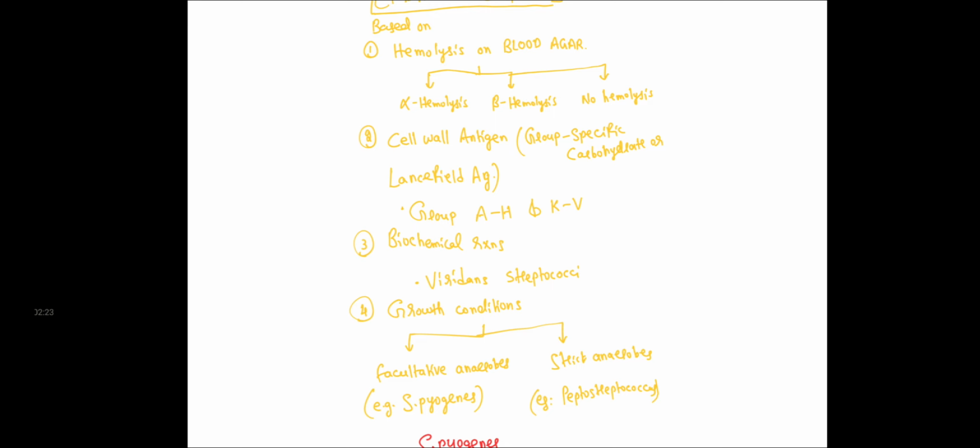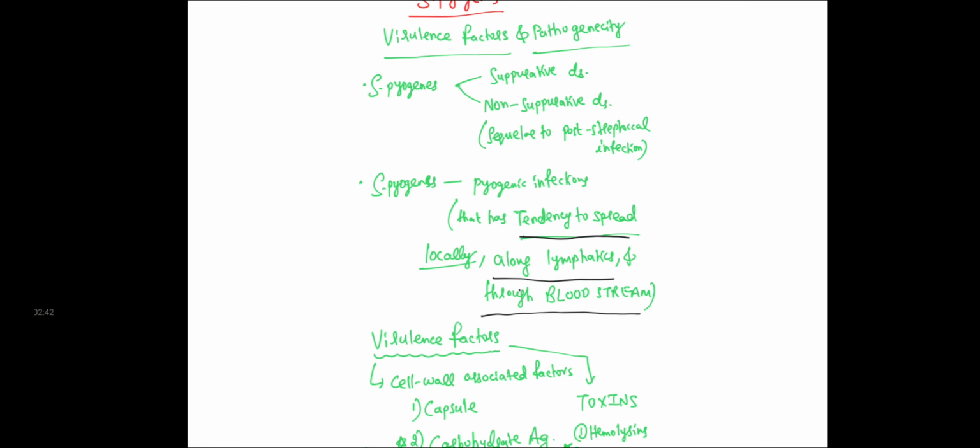And four, growth conditions: facultative anaerobes and strict anaerobes. Facultative anaerobes include Streptococcus pyogenes. Strict anaerobes include Peptostreptococci.